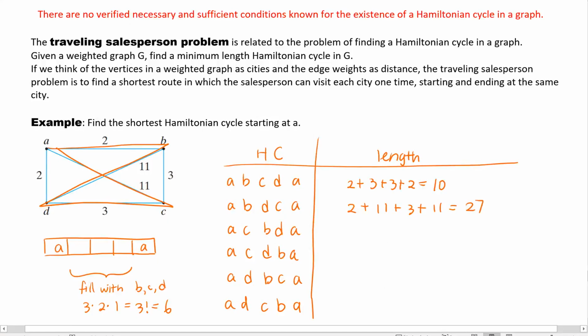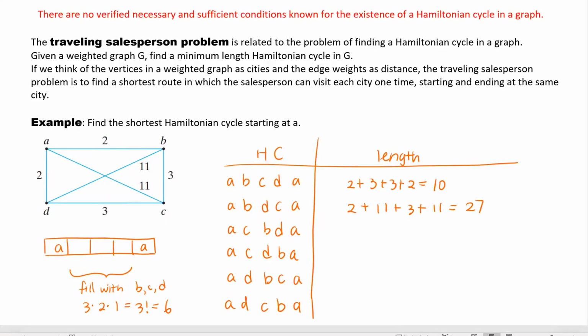Then we have A, C, B, D, A. AC is 11, CB is 3, and then BD 11, DA is 2. So we also get 27.